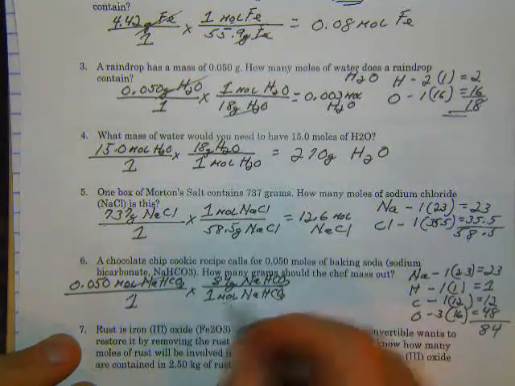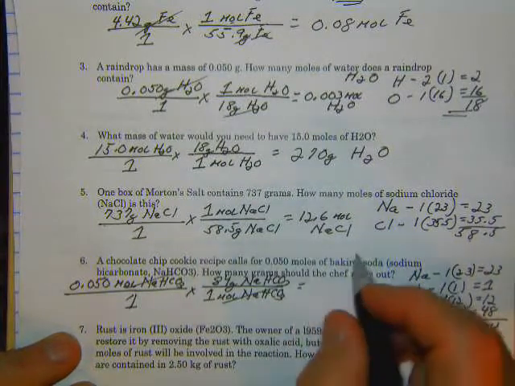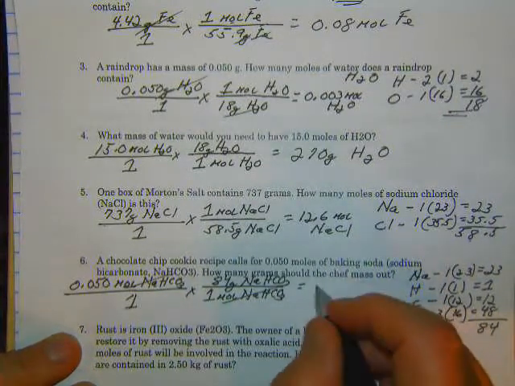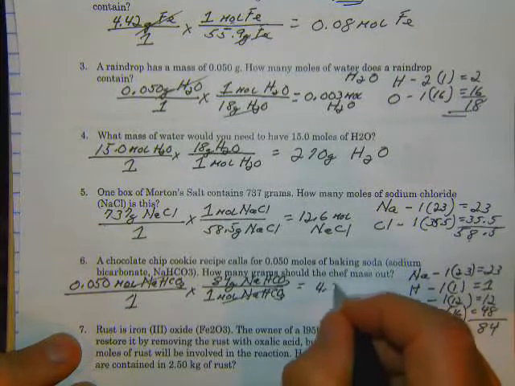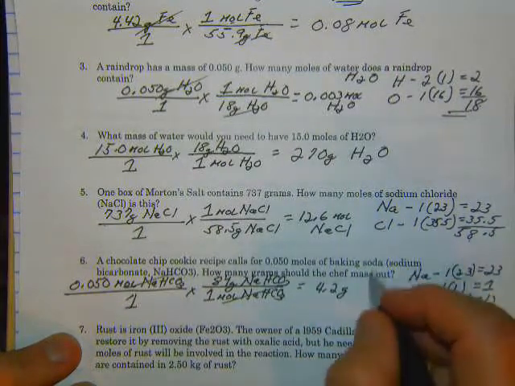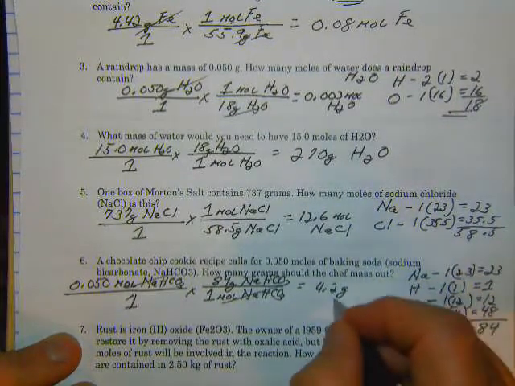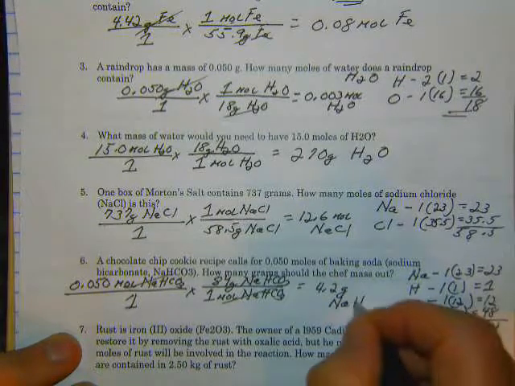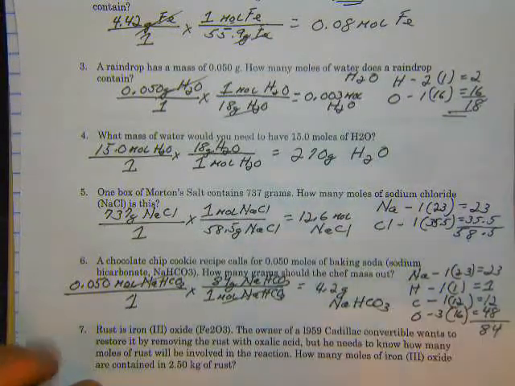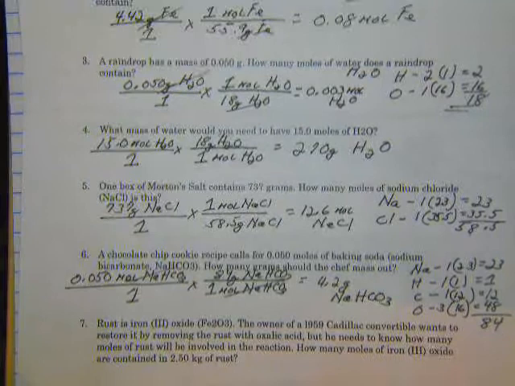Moles cancel out, and if my math is correct, that is 4.2 grams of sodium bicarbonate, NaHCO3. Again, very, very similar problem.